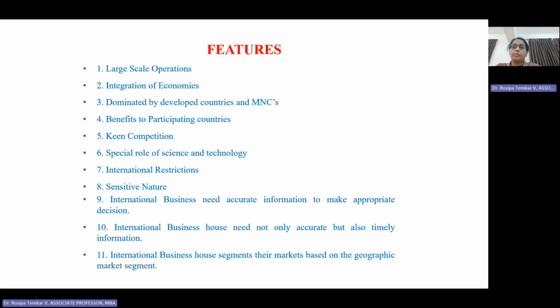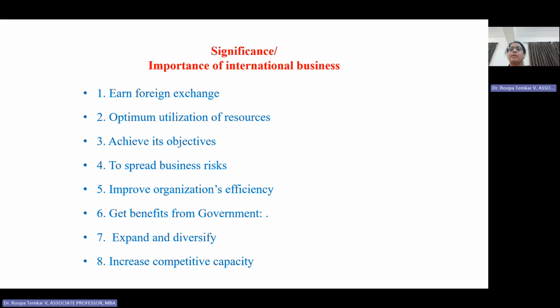Now coming to the importance of international business. The importance lies with, when we say business between different countries, definitely it is to earn foreign exchange and to optimize the utilization of resources.